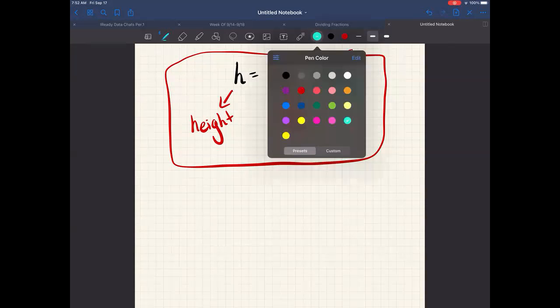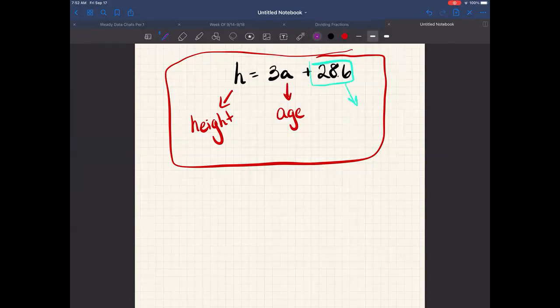Would it be 28.6 equals 3a? No, that's the whole model. It's just from here. We don't have to do anything to the equation. We just have to look at it. We're not really looking for the height. We're looking for the average amount he grows every year.